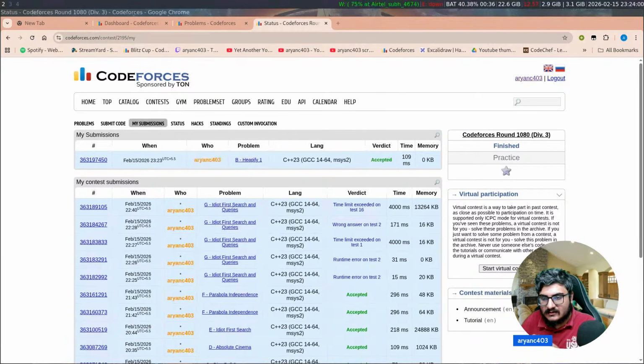Dushyant says, can we also check XOR of I and AI should be 0? I'm not sure why that would be the case. If you take XOR of I comma AI, then I think that essentially boils down to taking XOR of all 1 to n and XOR of all A1 to AN.